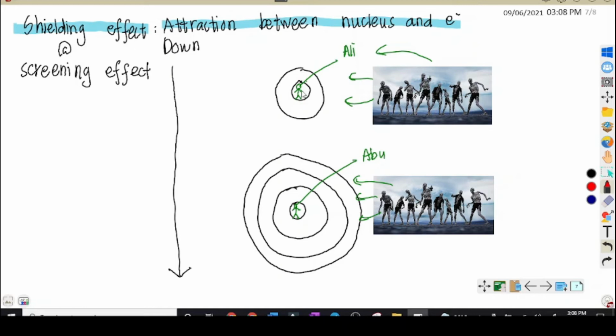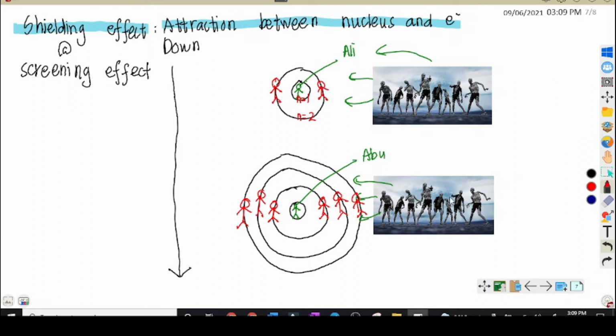For Ali, it has n equal to 2 shells. So for each shell, I'm going to put 2 bodyguards, which are red in color. For Abu, he's got 6 bodyguards to protect him from these zombies.